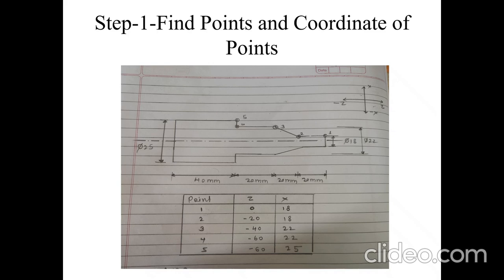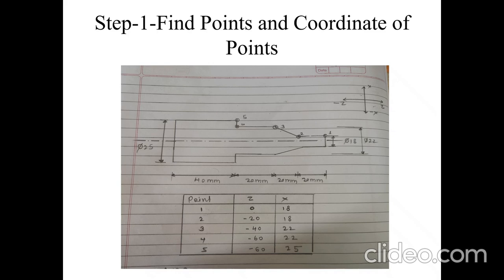For point 1, Z coordinate is 0, X coordinate is 18. For point 2, Z is minus 20, X is 18. For point 3, it is minus 40 and 22. For point 4, minus 60, 22, and lastly minus 60 and 25.